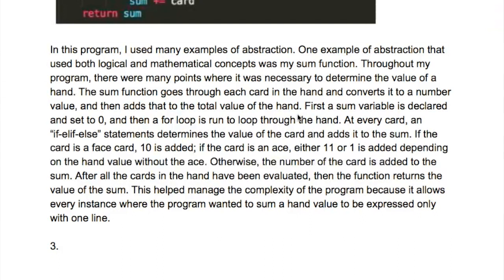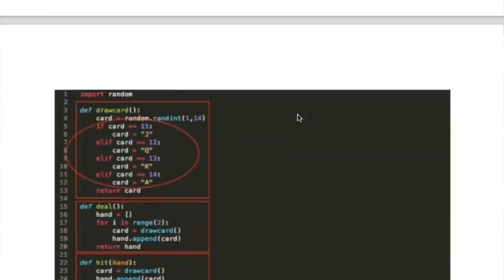You need to use those words. This helped manage the complexity of this program because it blah, blah, blah, blah, and that's what you need to do. If you forget to talk about how it manages the complexity of the program, or if you forget mathematical or logical concepts, or you forget to explain your abstraction, no good. They're going to give you a 0 instead of a 1.